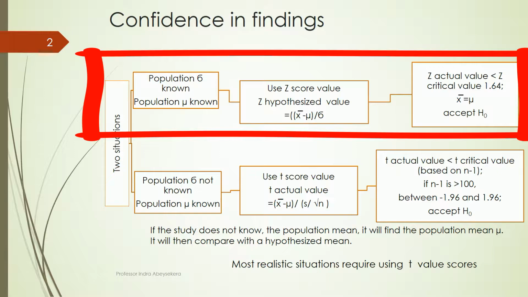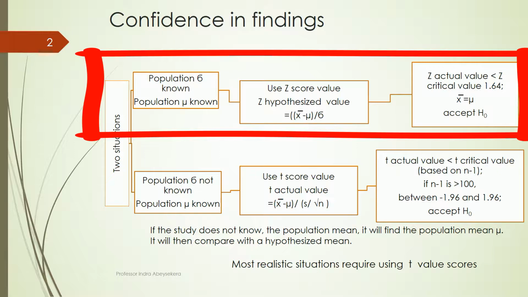and estimate whether the sample hypothesized mean equals the population mean. For example, the sample's hypothesized mean could be x bar and the population mean is mu.